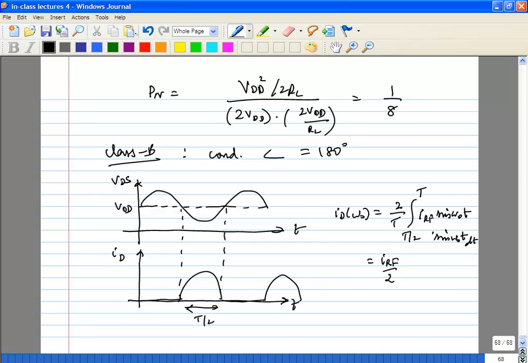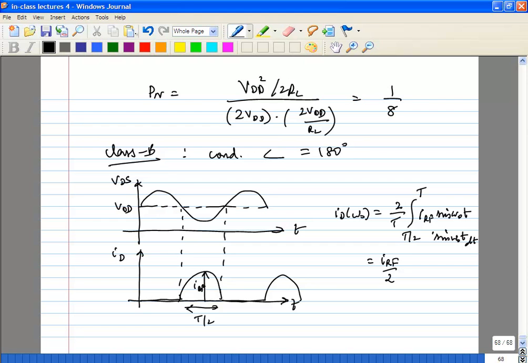This happens to be IRF over 2. This is IRF. So again, you can calculate your efficiency and your PN, normalized output power capability.